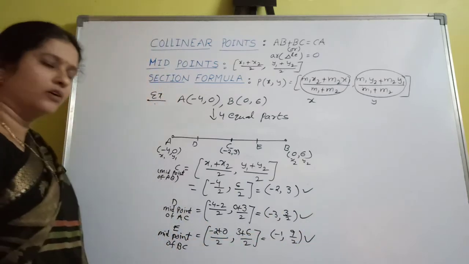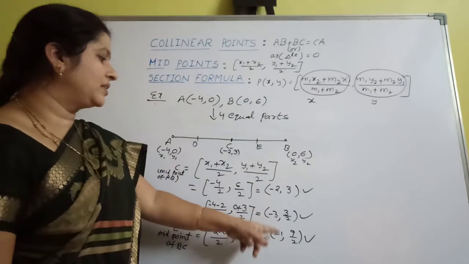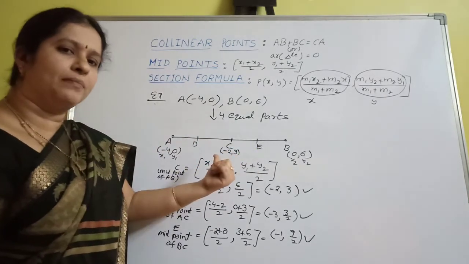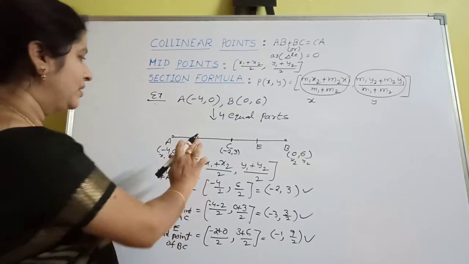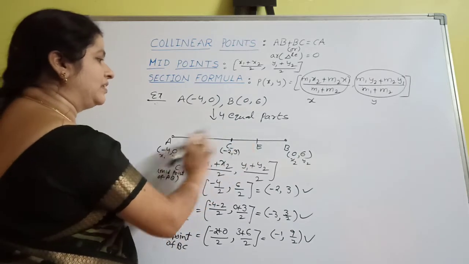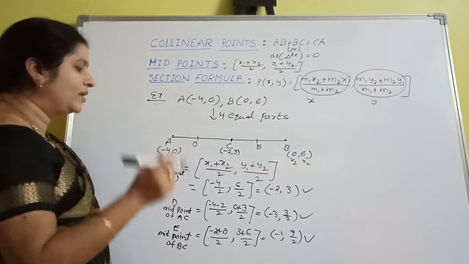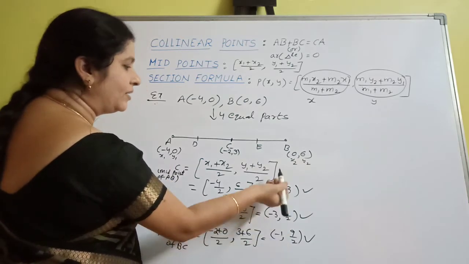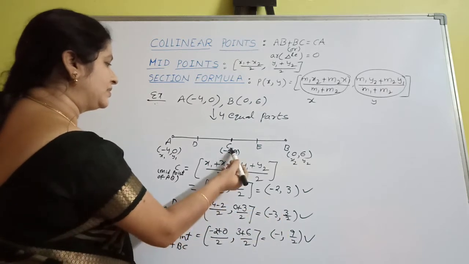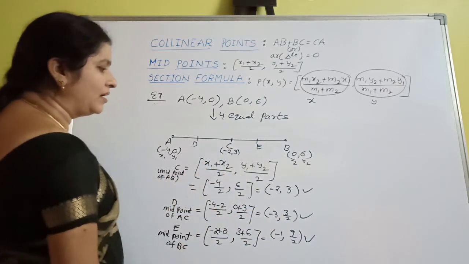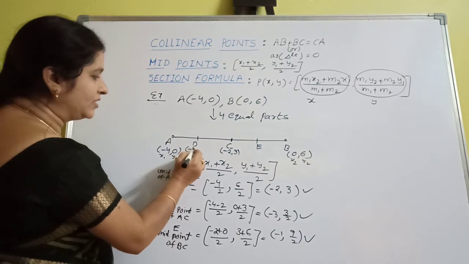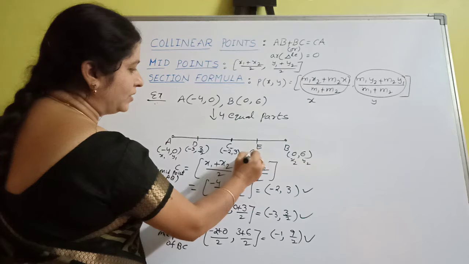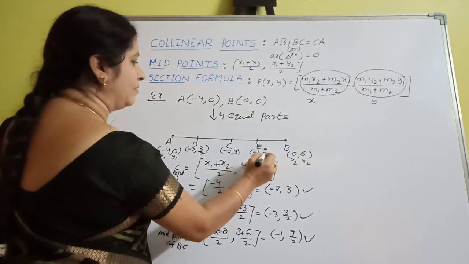So in this 4 marks question, you have 3 answers. In a line segment, 3 points divide the line segment into 4 equal parts. So the first answer is C, second answer D and third answer E. D is (-3, 3/2) and E is (-1, 9/2).